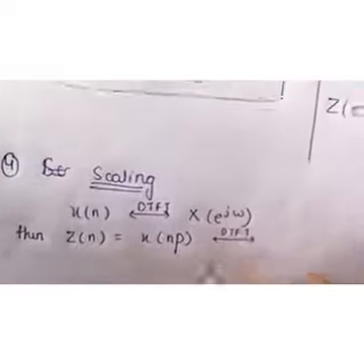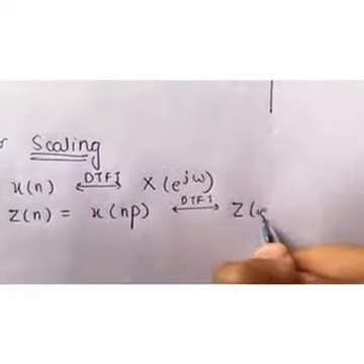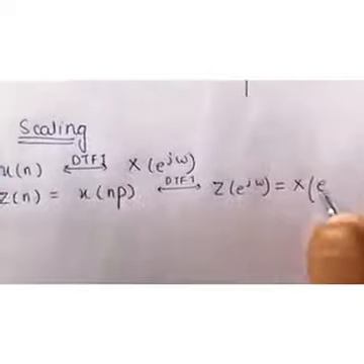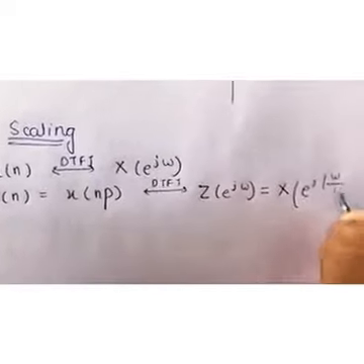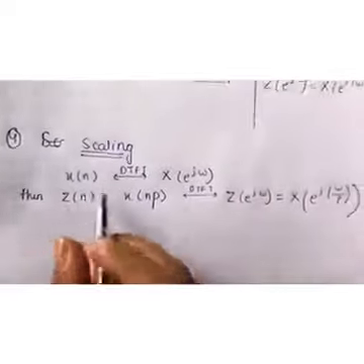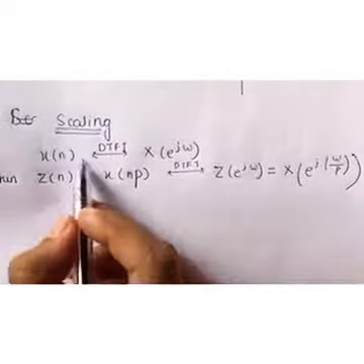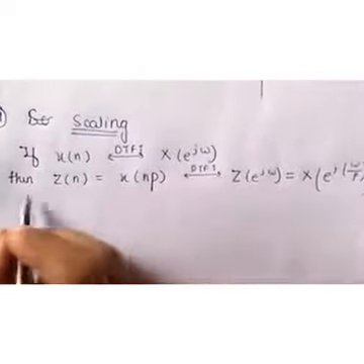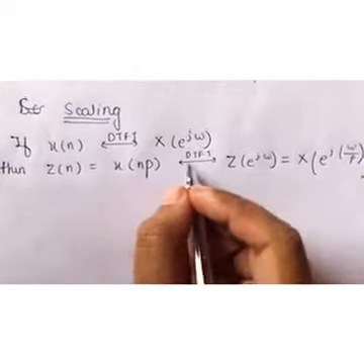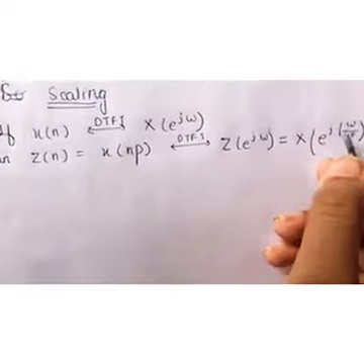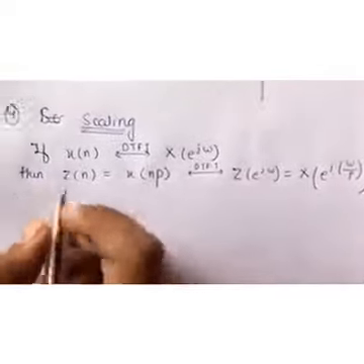The DTFT Z of e^{jω} is X of e^{jω/p}. It says that if x of n forms a DTFT pair with X of e^{jω}, then x of np forms a DTFT pair with X of e^{jω/p}. Proof.